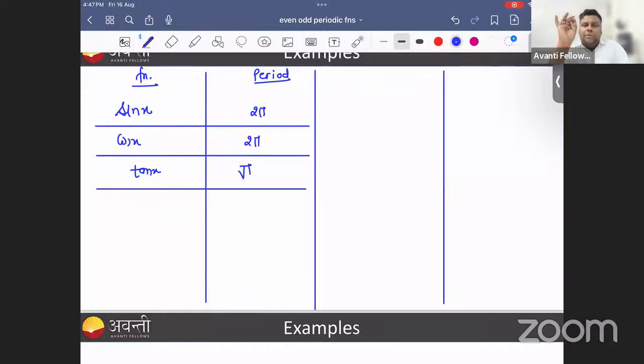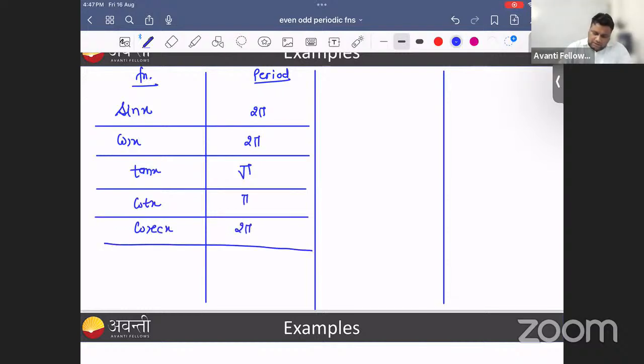They are going to be an asset for yourself in the coming classes. Then cot x, period is again pi. Then cosec x, period is 2 pi. And then secant x, period is again 2 pi.